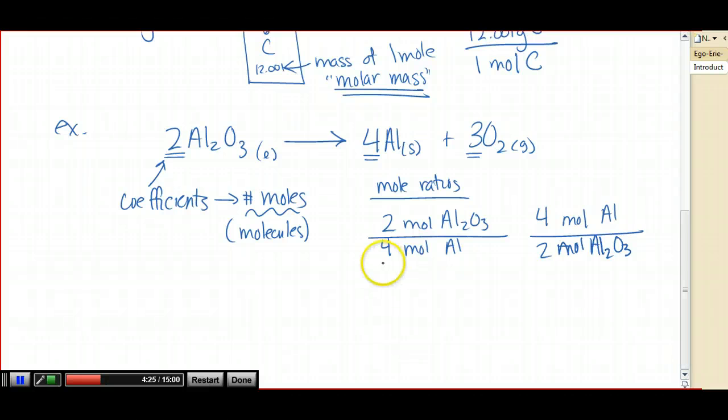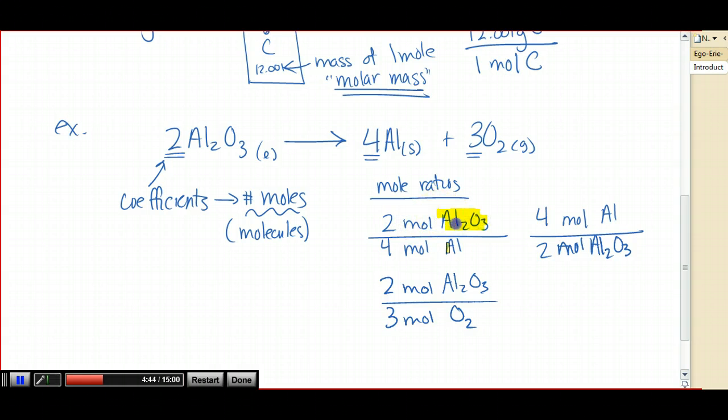So another mole ratio would be the relationship between Al2O3 and oxygen. So we know that we have 2 moles to 3 moles of oxygen. And notice, in every single one of these, I am indicating the substance that I'm dealing with. And this is very important.